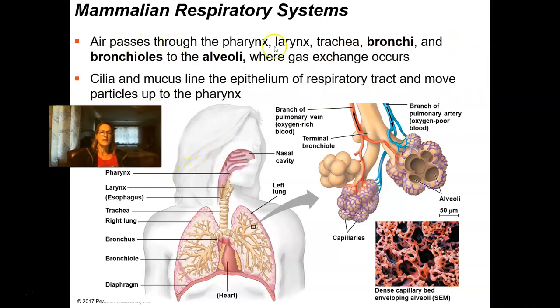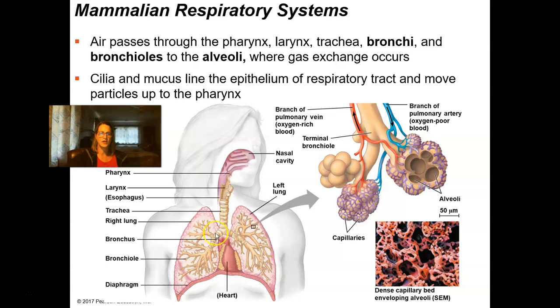Okay, so once air passes through the pharynx and the larynx and into the trachea, now we're here. It will move down into the trachea, which branches into these two different tubes called the bronchi. Bronchus is the singular of that, and bronchi is the plural.